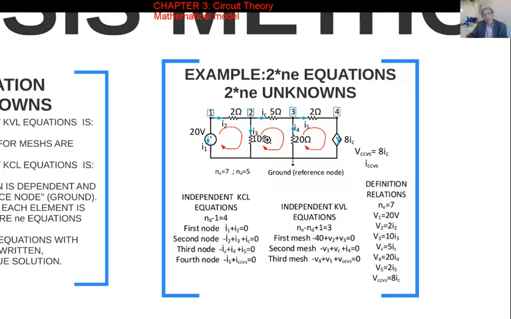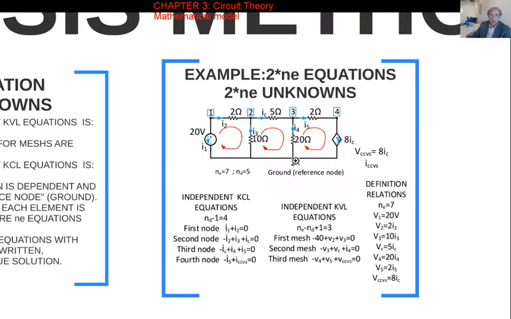Now here we've got a circuit. This circuit has NE equals 7 elements, so the unknowns are 14. And the number of nodes is 1, 2, 3, 4, 5. We have chosen this as the ground or reference node, so we're not going to write any current equation for this node.